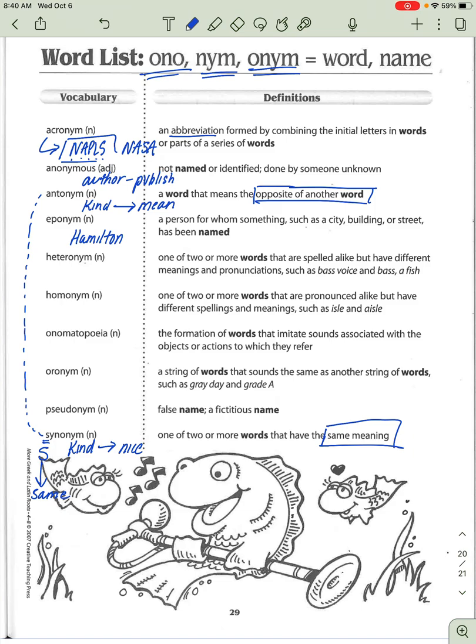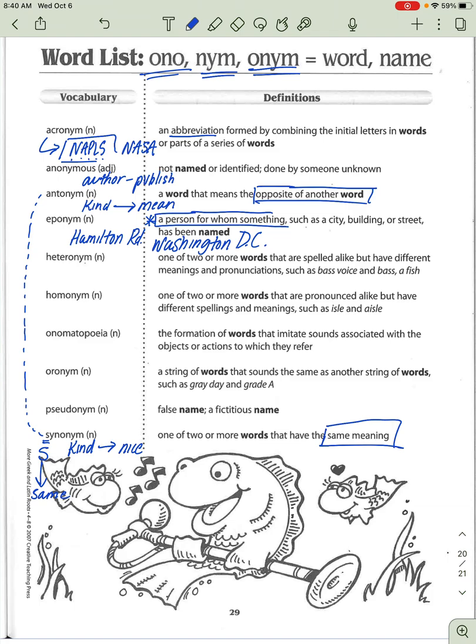I'm trying to think, like Columbus, maybe because of Christopher Columbus, even though I don't know that that's necessarily super politically correct anymore. But it's just basically Washington, D.C., okay, that town. So it is the person, though, for whom something is named.